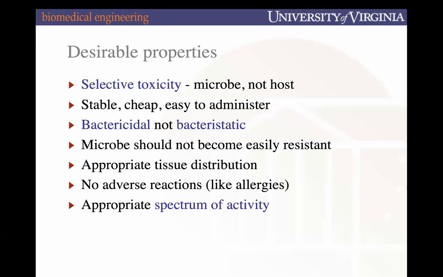So there are some pretty desirable properties we look for in antimicrobials. In general, I know about a third of the class is pre-med, so this will probably help pique the interest of the pre-med students. We usually look for specific desirable properties. We want selective toxicity: we want it to attack the invading pathogen or microbe and not the host.